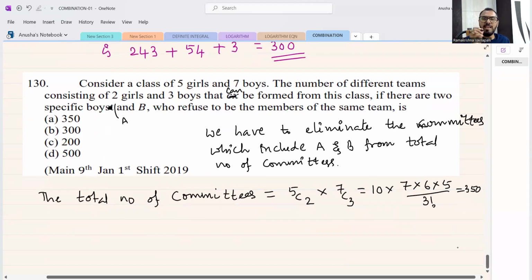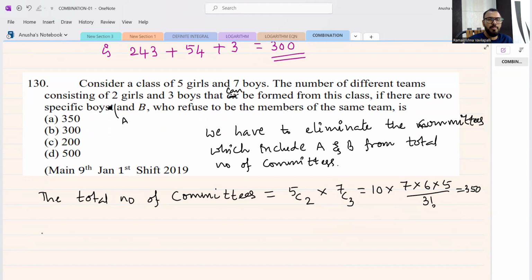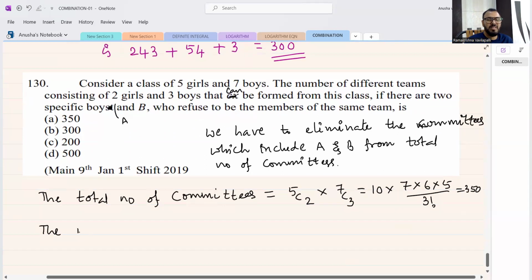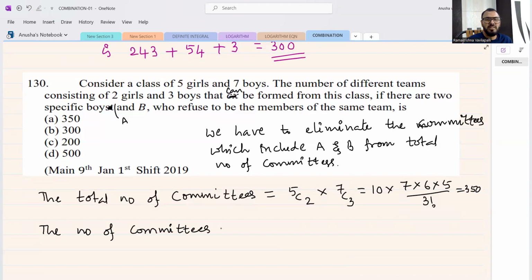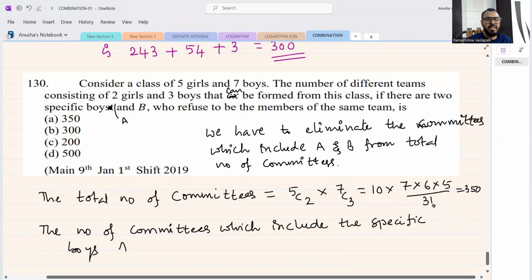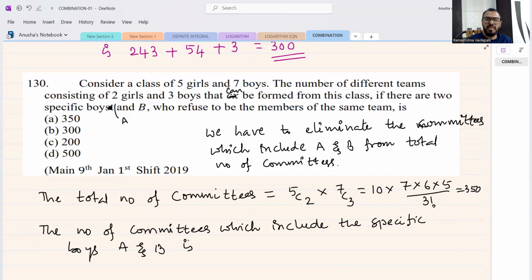Now we have to eliminate the committees which include A and B. Here, the number of committees which include both the boys, the specific boys A and B, is, anyway, there is no restriction on the girls.